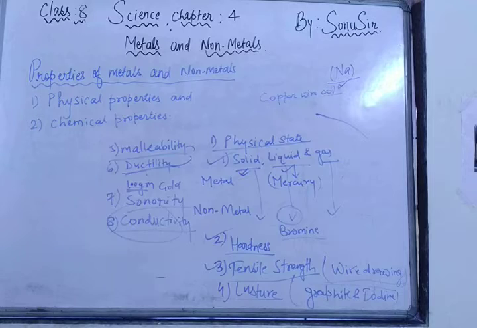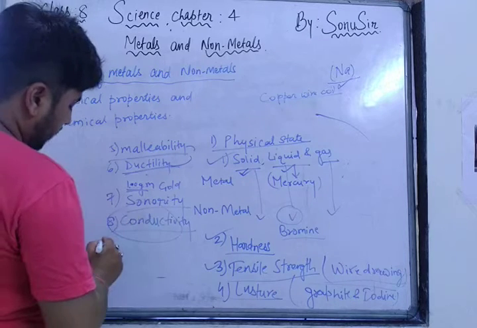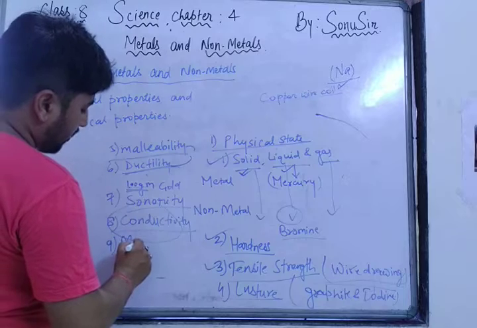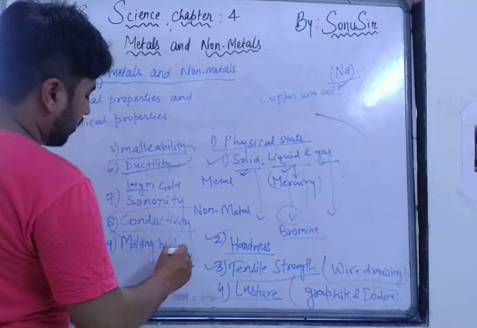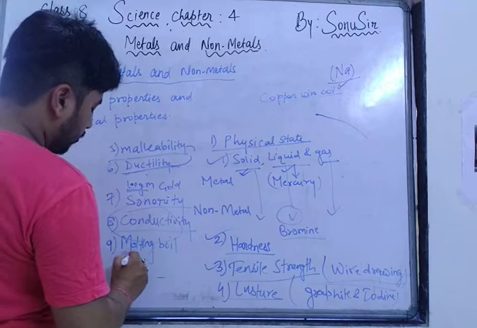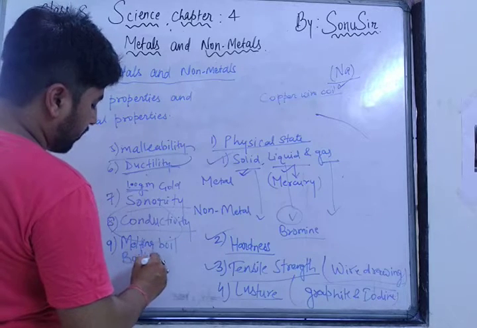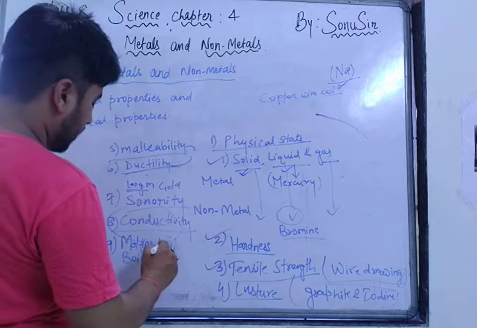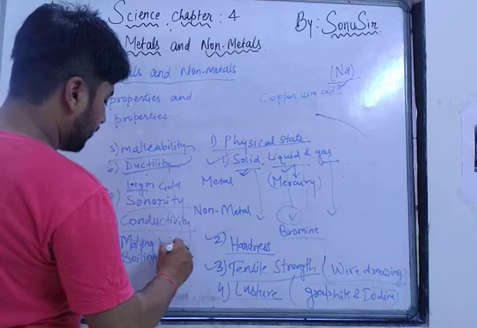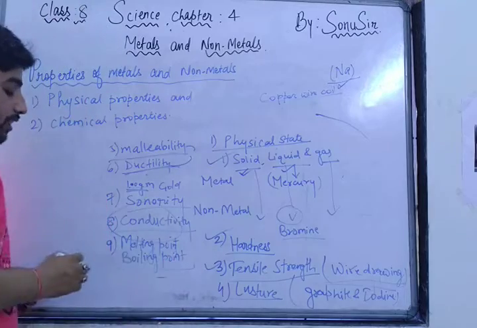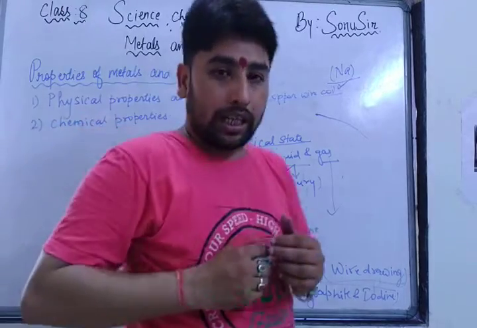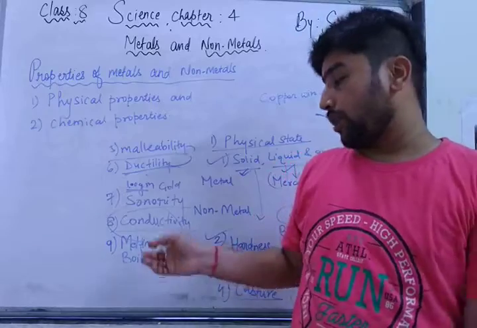Now the next property, the ninth property we are talking about, melting point and boiling point. When we heat a metal, the melting point and boiling point of metals are very high. But non-metals have a low melting point and boiling point.